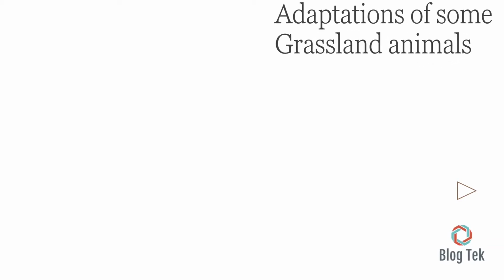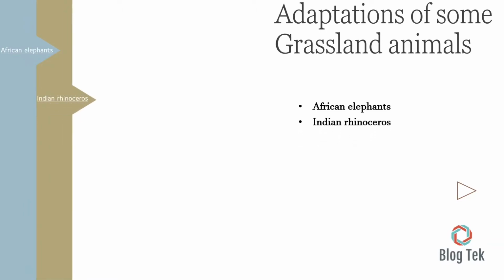Grassland animals included in this video are African elephants and Indian rhino. So first, let's have a look at African elephants.